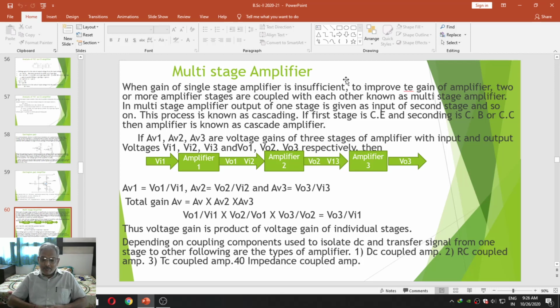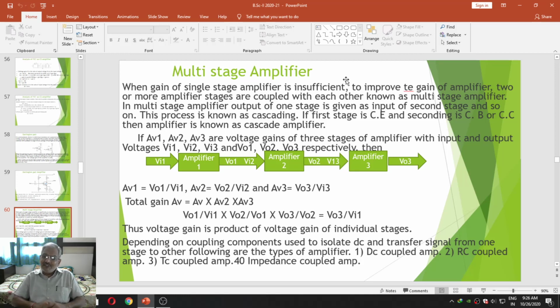That is, the output of the first stage is provided as the input of the next stage. By connecting the output of the first stage as the input of the second stage, we get a multi-stage amplifier.